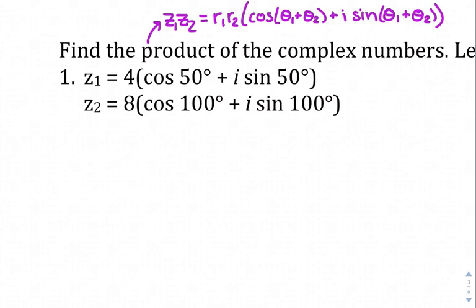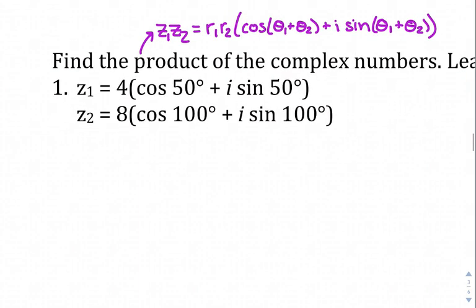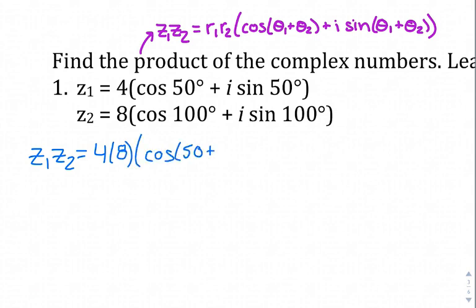The next one is just product. So we did product and quotient. However, I'm just going to ask you product if it's on the exam. So I'm going to give you 2 equations, and then you have to memorize that formula in purple there. So what we do is we take both r's, we multiply them, and add our thetas. So this would be 4 times 8, and then cosine (50 plus 100) plus i sine (50 plus 100).